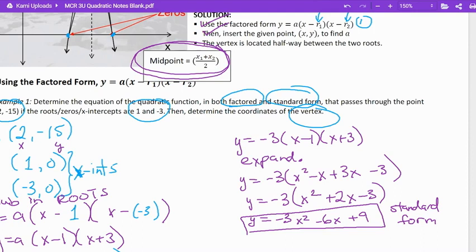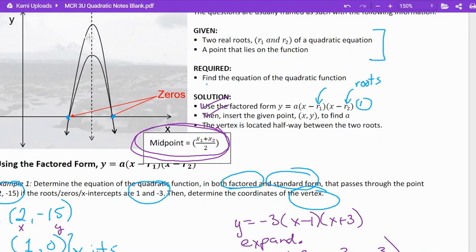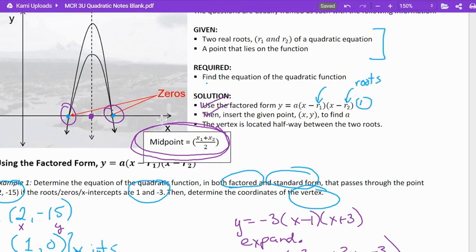In this case, we're going to take the two roots and find the middle x, because we know that in a parabola, the vertex happens between the two x-intercepts. So we just need to find this middle location. Add up this one and that one and divide by 2 to find the average, the middle.